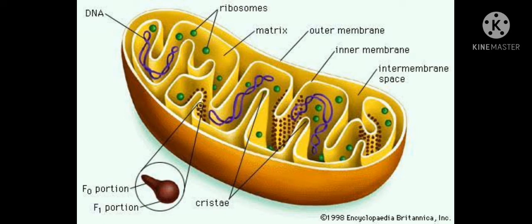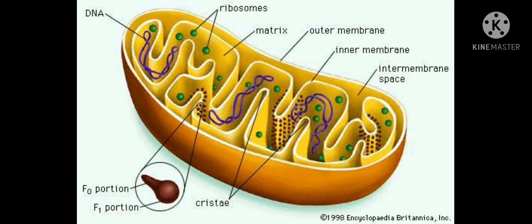replicate themselves. So that's why the scientist Margulis said that the mitochondria are prokaryotic cells which live symbiotically in eukaryotic cells. Why prokaryotic type of cell? They have certain characteristics like prokaryotes.